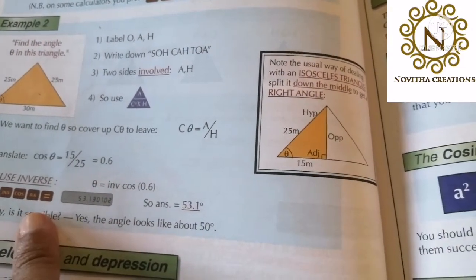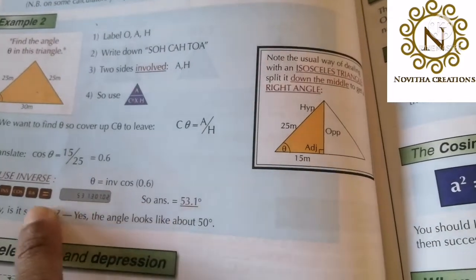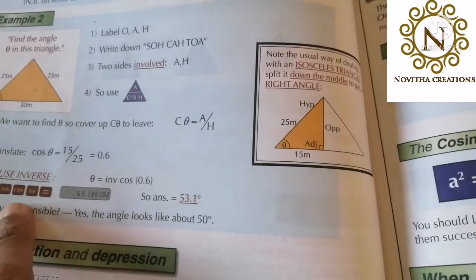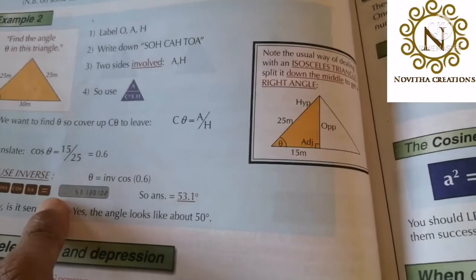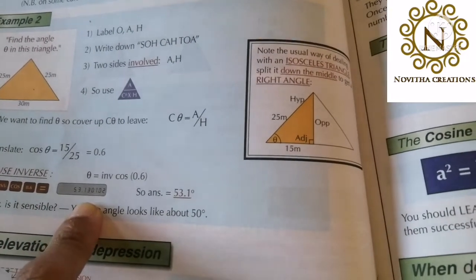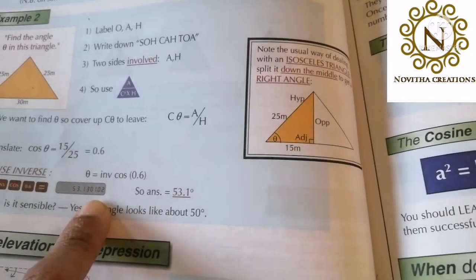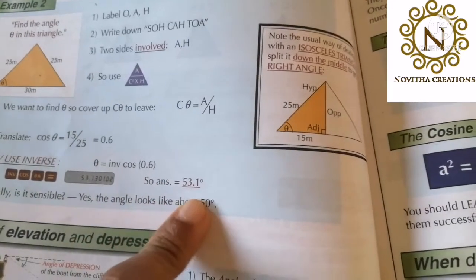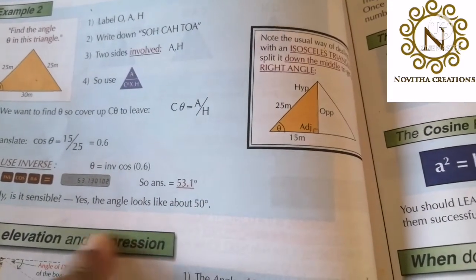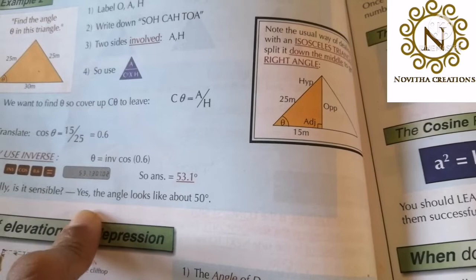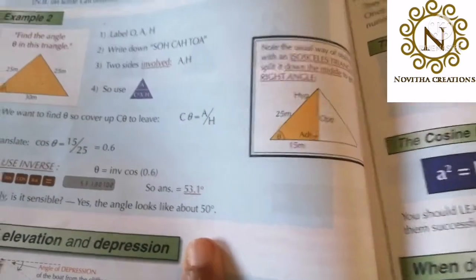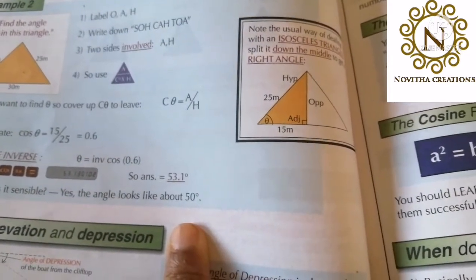If you use your calculator, inverse cos 0.6 equals 53.130102. So the answer is 53.1 degrees. Finally, is it sensible? Yes, the angle looks like about 50 degrees.